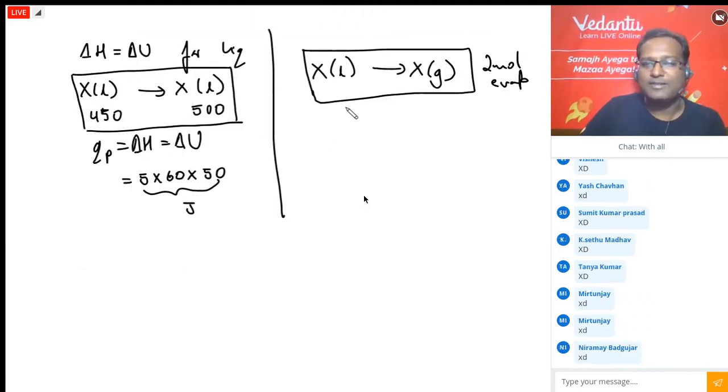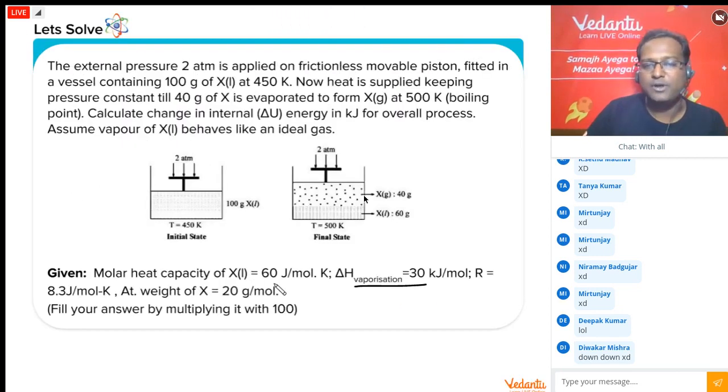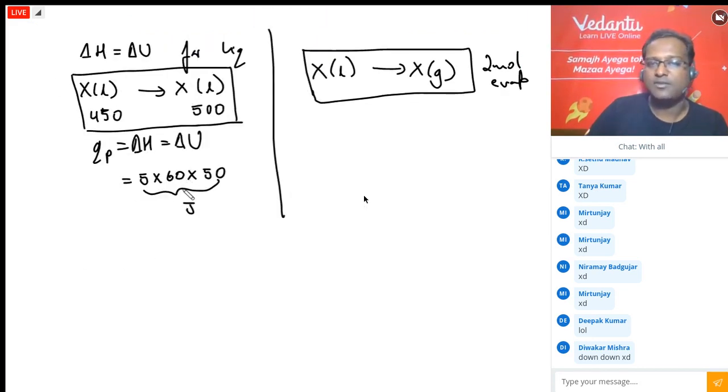Okay, so the second part is evaporation. The first part was liquid heating, which happens at constant pressure. So delta H equals delta U, and Q can be written as n C delta T. Now, the unit of C is joule per Kelvin per mole, so I will have to multiply 60 by the total number of moles getting heated into the temperature difference. That gives me QP.